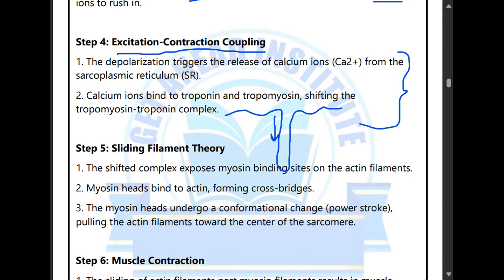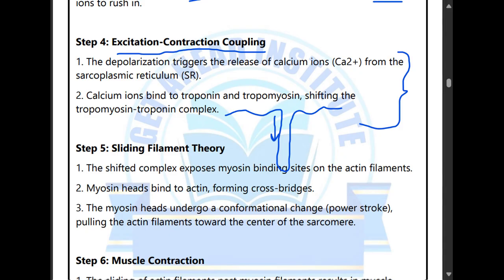Great. If we are still together, we were saying that as the positive voltage moves along the T tubule, it will meet the dihydropyridine receptor, which is a voltage-sensitive calcium channel, which you learned during your lectures. The sarcoplasmic reticulum is rich in calcium ions.